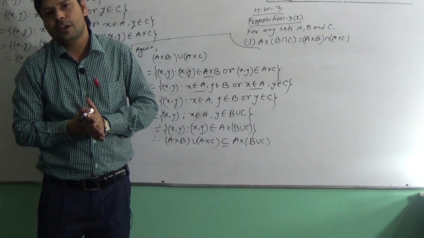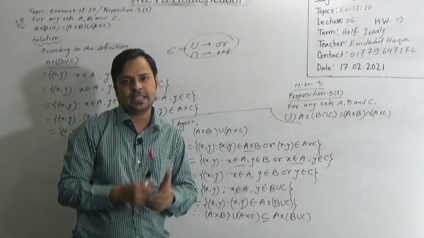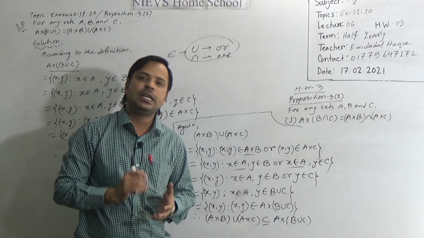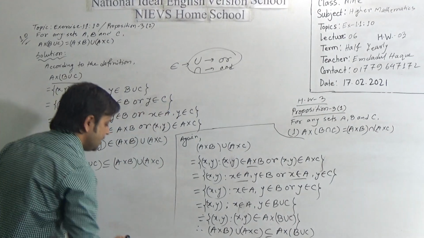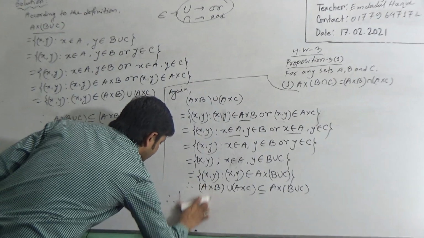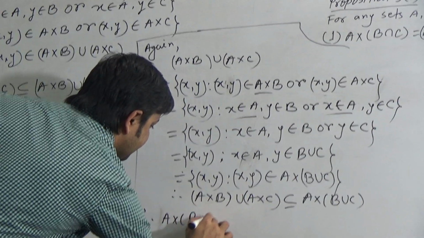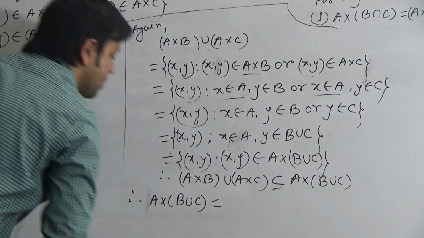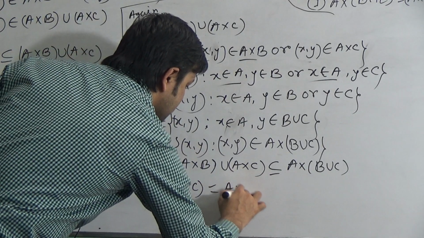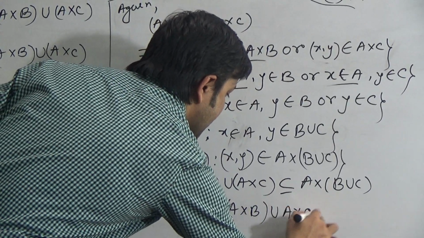So we can say both sides contain the same elements. It means that both sides are equal. So we can write here, therefore, left hand side means A cross B union C is equal to A cross B union A cross C.